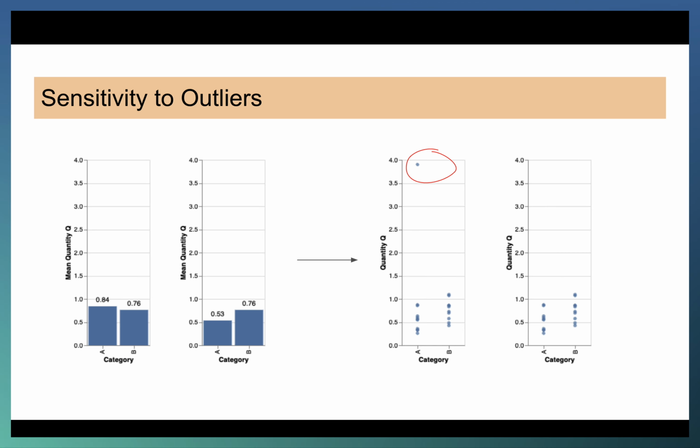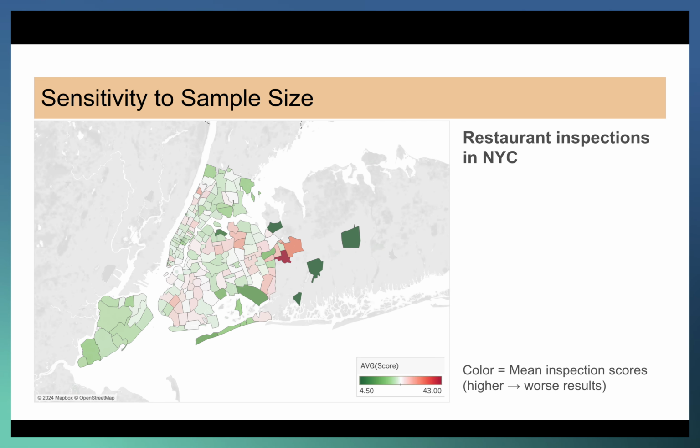So very, very, very important. The second aspect is the sensitivity to sample size, which again is something I mentioned when introducing the mean. What is a sensitivity to sample size? Well, to explain this idea, I'm using here another data set.